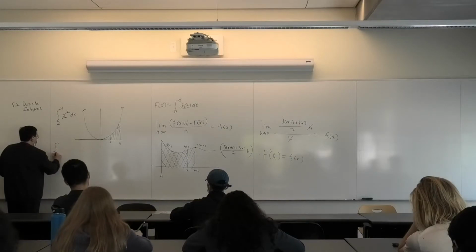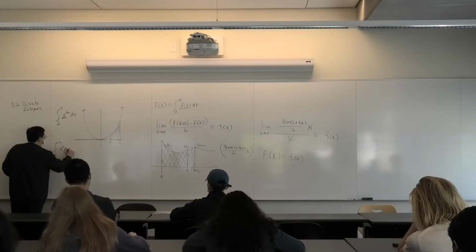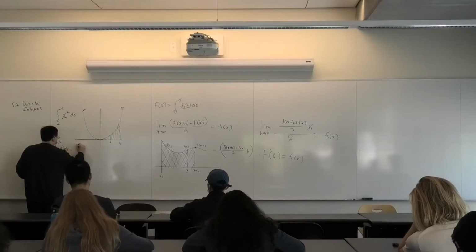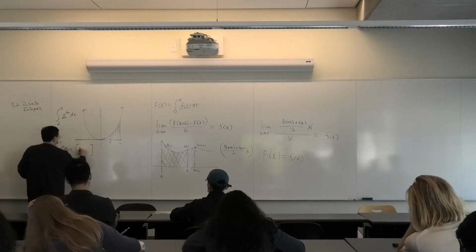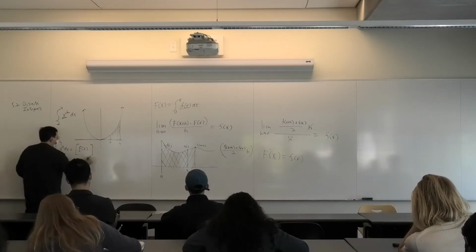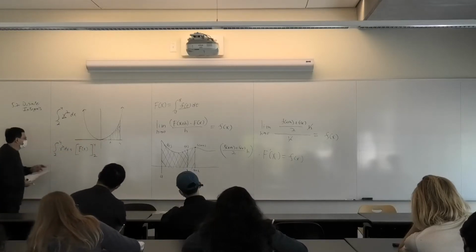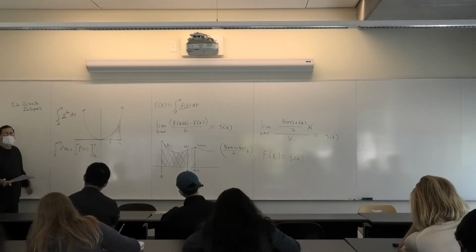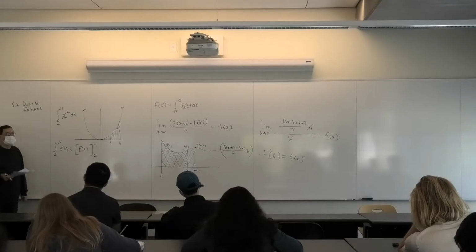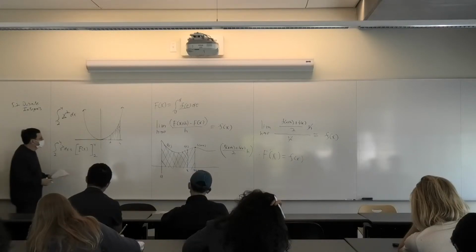So we're going to evaluate this as the antiderivative of our function from 2 to 4. Well, what's the antiderivative of x squared? Everybody should be familiar at this point. It's a pretty easy one.